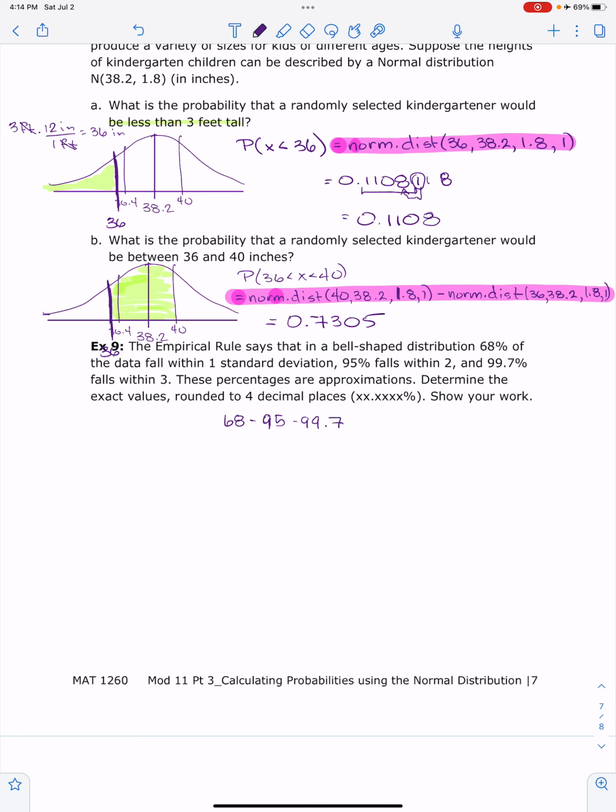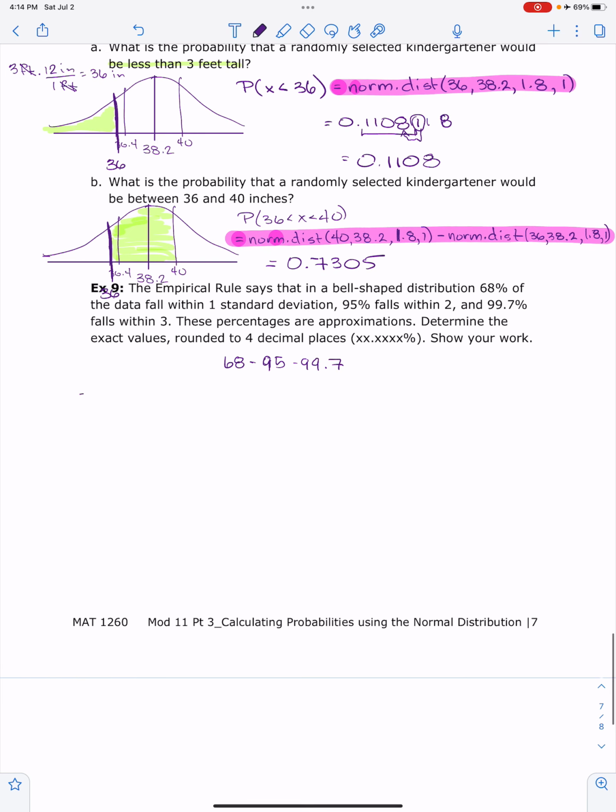Let's see what those actual values are. So within 1 standard deviation, I got norm.s.dist. I'm going to go back because I'm dealing with standard deviations. 1 standard deviation above, there's my cumulative 1. Norm.s.dist.